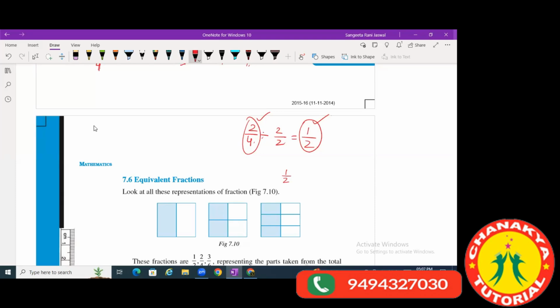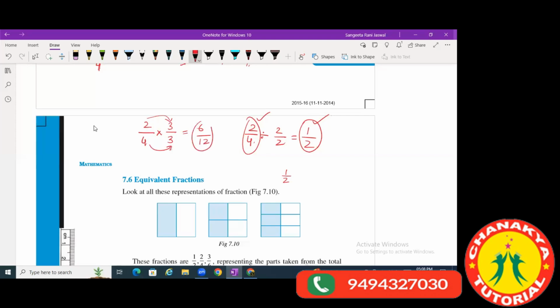So there are two ways of getting equivalent fractions. One is by dividing and another one is by multiplying. Suppose I have 2 by 4 and I multiply both numerator and denominator by 3. Numerator 2 into 3 becomes 6, 4 into 3 becomes 12.